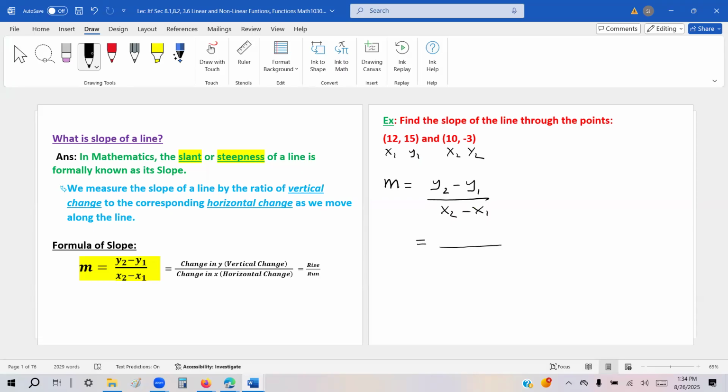What minus what? 15 minus -3. So in that case, let me switch this: x2, y2, x1, y1. And then we have 12 minus 10.